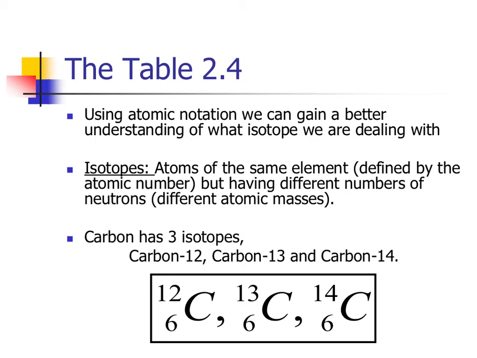It might not have an actual mass of 12, but we call it carbon-12 because it rounds up or down to the whole number of 12. That allows us to indicate which carbon we're talking about when we're in mixed company. Are we talking about carbon-12, carbon-14, or carbon-13?